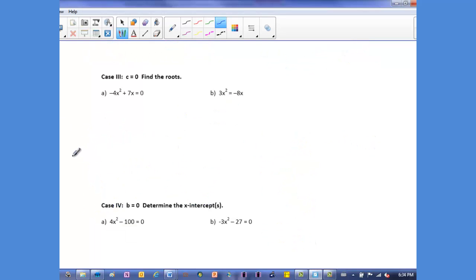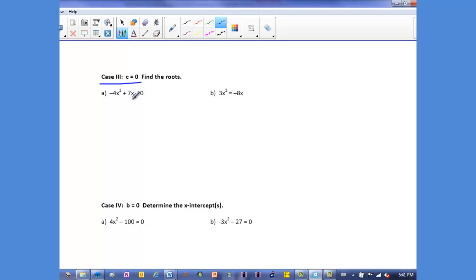Let's look on the second page at further cases. In this third case, we notice that the c value of the quadratic equation is 0. Well, this one is one of the easiest cases because we are left with only x terms.